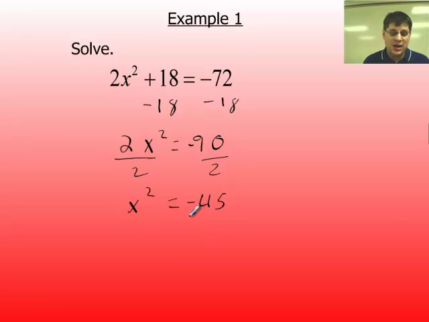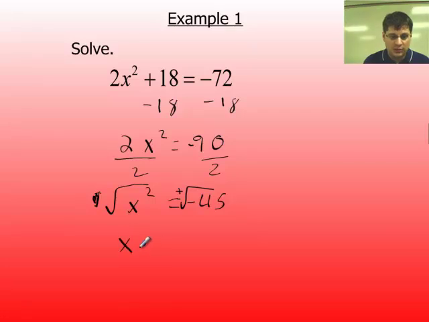All right, so now we're going to take the square root of both sides. I'm going to take the square root here, and I'm going to take a square root here. Remember, this is going to be plus or minus. I don't have to worry about it here.